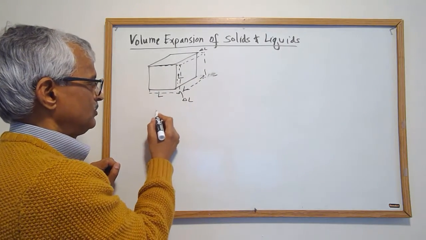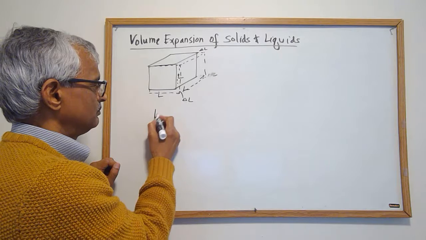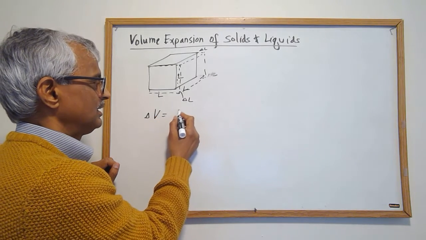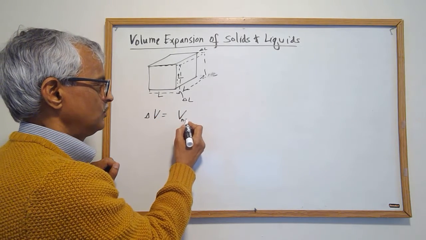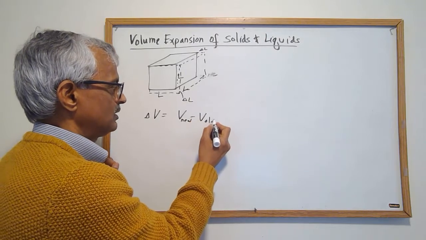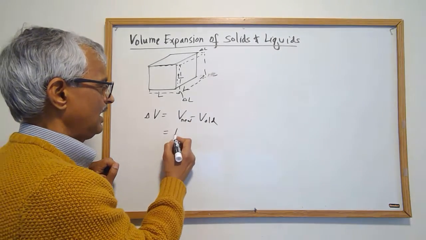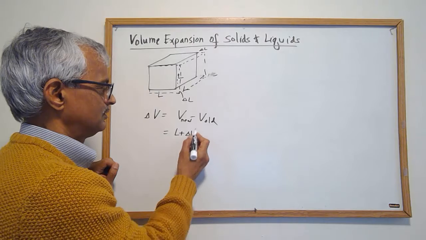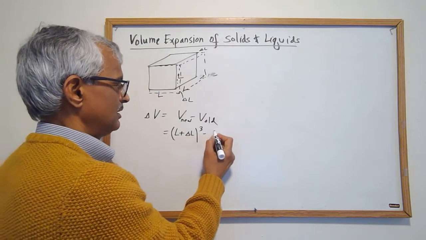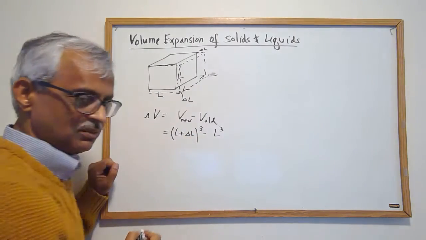So if you look at the new volume, change in volume will be new minus old. And so you have (L plus delta L) cubed minus L cubed, that's the volume.